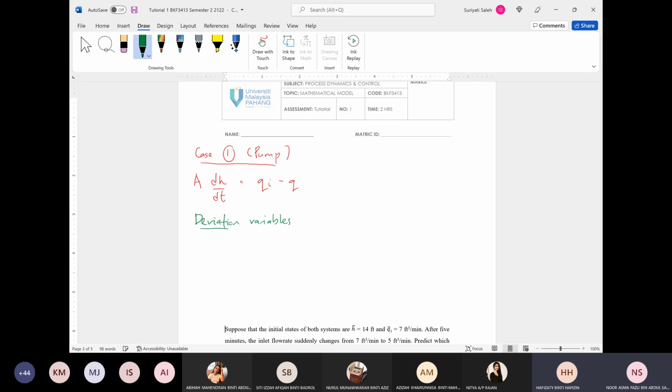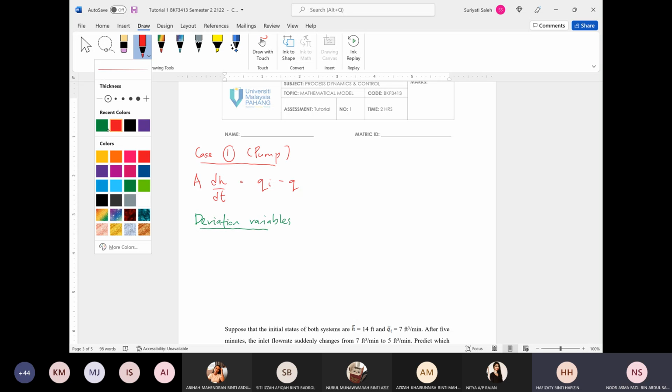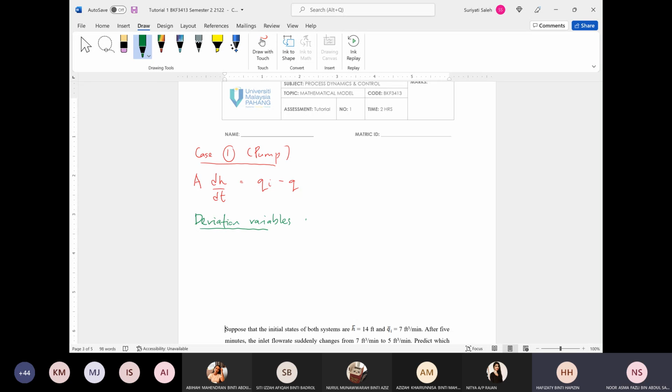This is the step after you obtain the mathematical model. The deviation variable represents the equation dynamic state minus the steady state, where ds is the dynamic state and ss is your steady state.